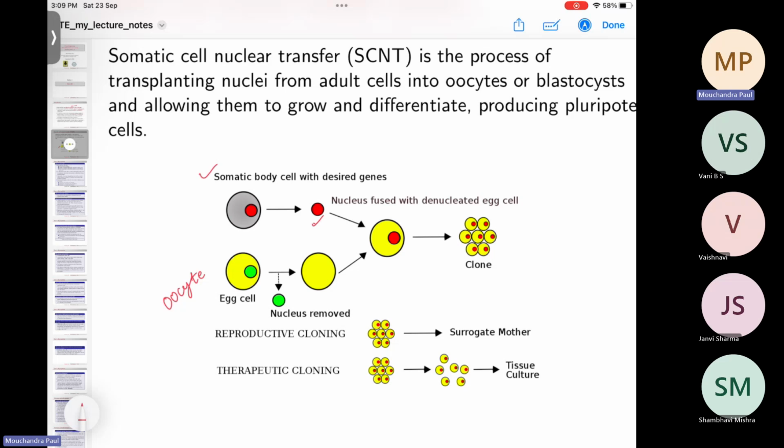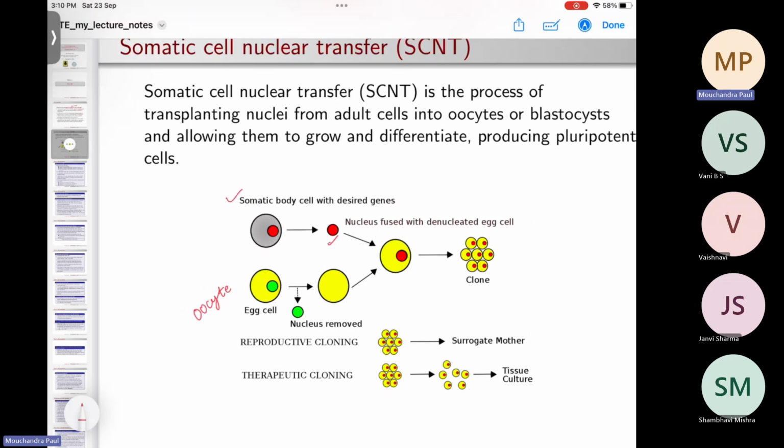So what will happen then? Whatever genetic information is there in the nucleus of the somatic cell, that will direct the further division of this oocyte, correct? And that is why it creates clones, means through rapid cell division, clones are created. Now these clones can be implanted into a surrogate mother, or you can culture these clones using appropriate tissue culture conditions, in vitro.